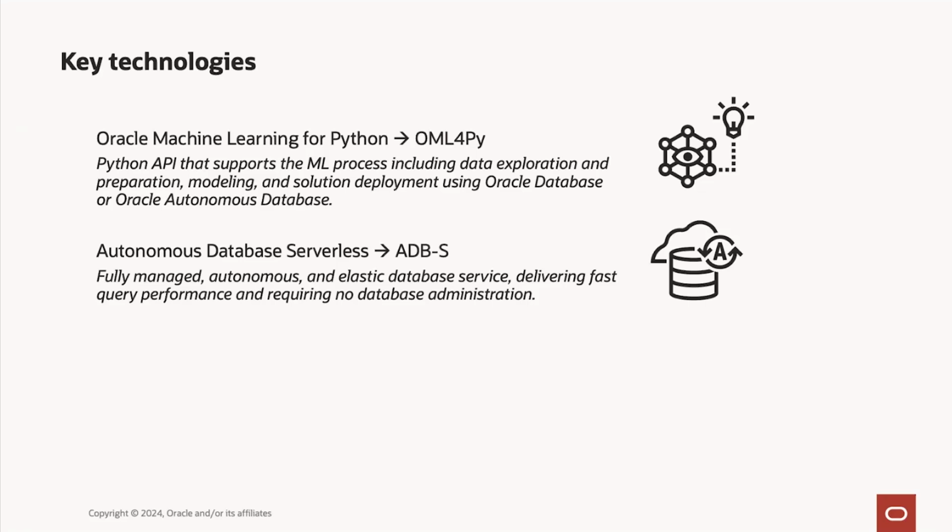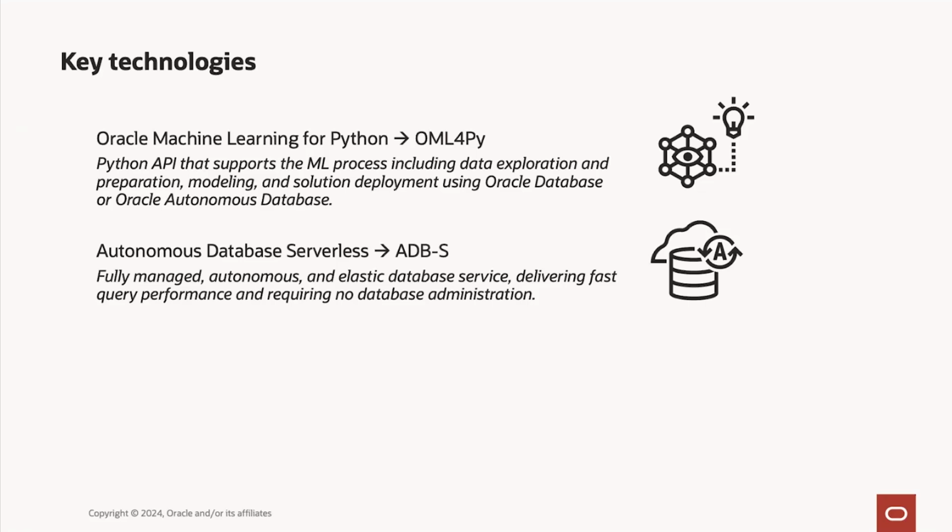The other acronym is ADBS, which is Autonomous Database Serverless. So I think folks are generally familiar with Oracle Autonomous Database, just the self-managing, self-tuning database that is Oracle's sort of flagship product. And Autonomous Database Serverless in particular is the fully managed version of Autonomous Database.